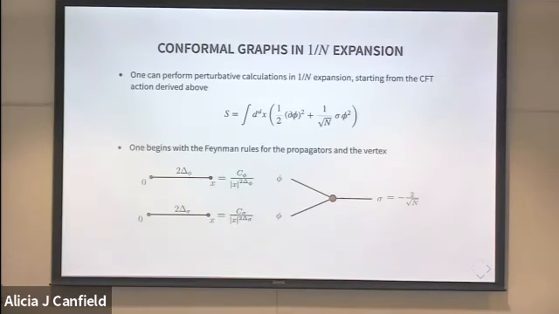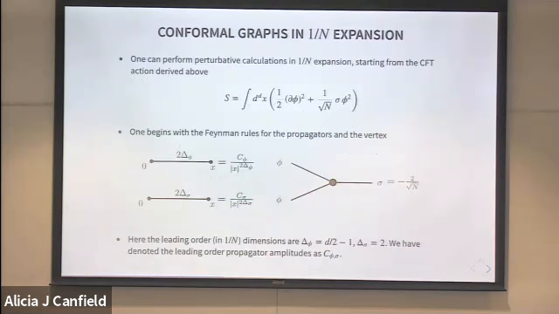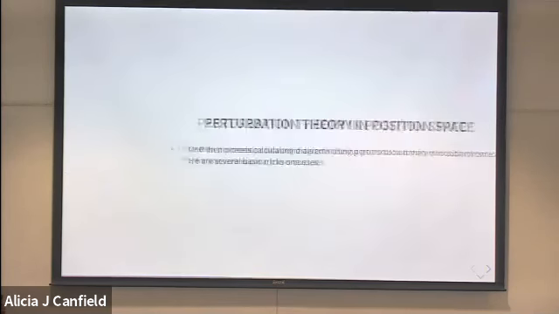These are Feynman rules, so here we know everything. We know the free propagator, the large n propagator for phi, the large n propagator for sigma, and the cubic interaction vertex. And we know the dimension of phi, and the dimension of sigma is now 2. And elsewhere, we also calculated the amplitude, so don't worry about that.